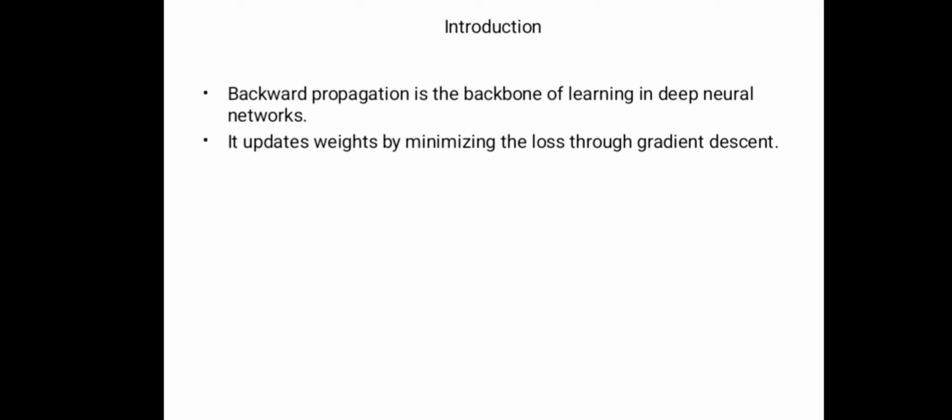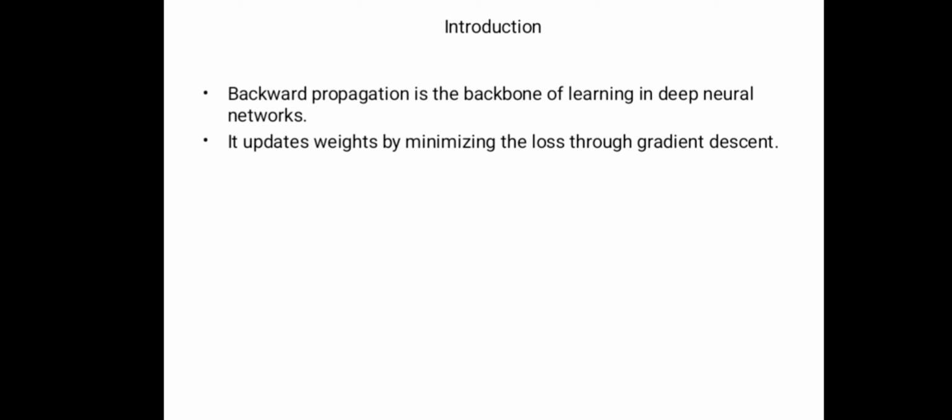Introduction. Backward propagation is the backbone of learning in deep neural networks. But what does it mean? When a neural network makes a prediction, there is usually some error or difference between the predicted output and the actual result.